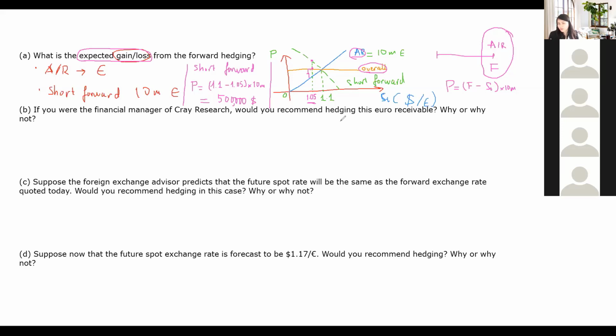But because you have the forward contract that you locked in before, you get to sell at a higher rate. Right. No worries. Thank you. So that's where your payoff comes from.